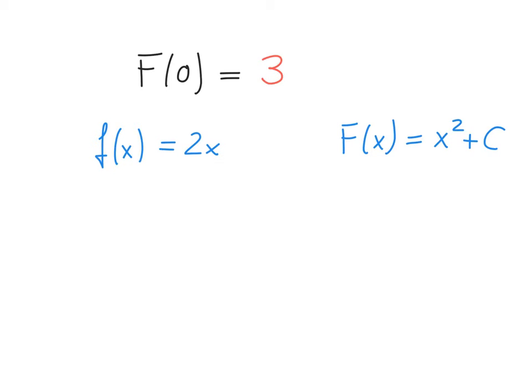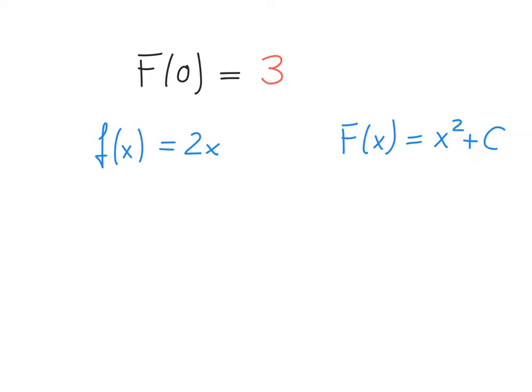As soon as I give you a single value of the specific antiderivative I have in mind, then in our example, where little f of x is 2x, all antiderivatives are of the form x squared plus c.